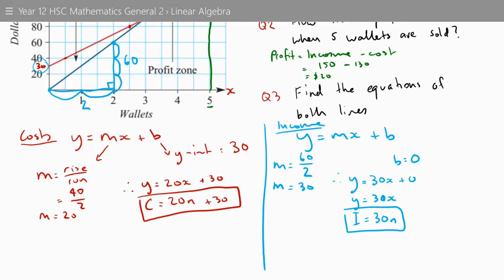Can you see how much you actually get for one wallet? You earn $30 per wallet, and that's represented by the gradient. So you get $30 for every wallet. That's it for this video. Well done.